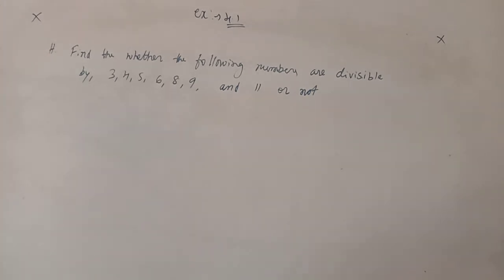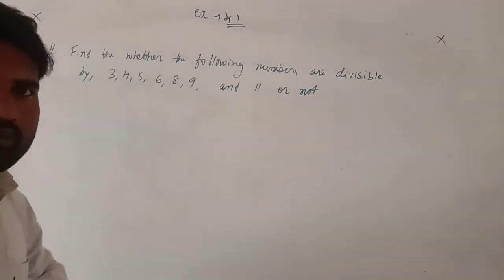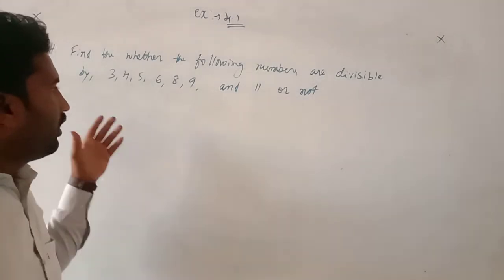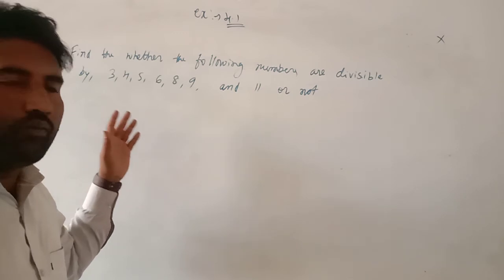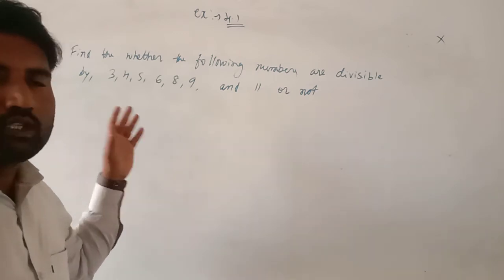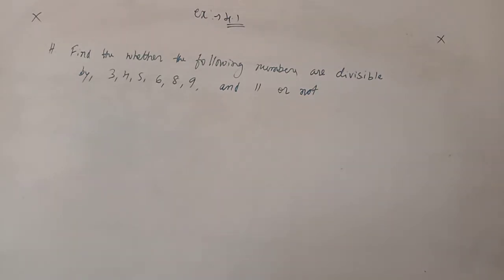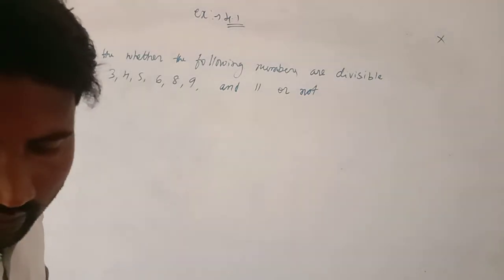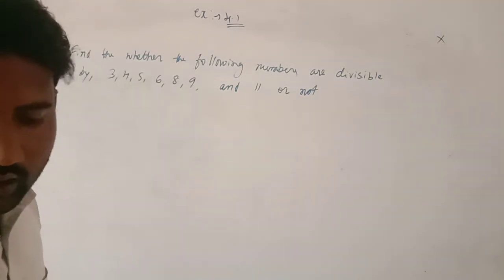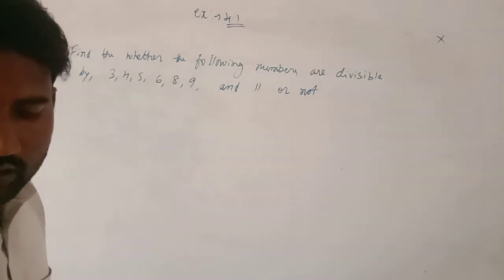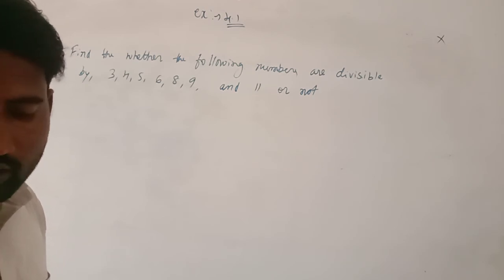Those are the divisibility rules for 2, 3, 4, 5, 6, 8 and 11. So now I am teaching from this, whether the numbers can be divided or not.